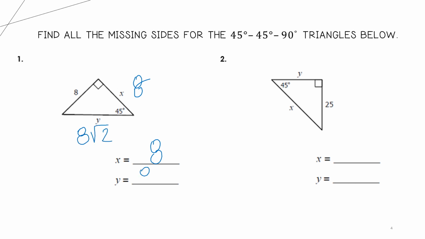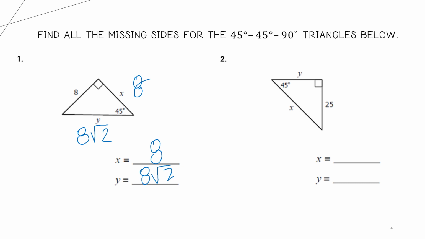So y would be 8 root 2. And again, we're going to leave these in simplest exact form. We are not going to turn them to decimals. So really, you don't even need a calculator for that particular problem. Some of them you might want one to help you simplify depending on the values of the legs or the hypotenuse, but a lot of these can be done without a calculator.